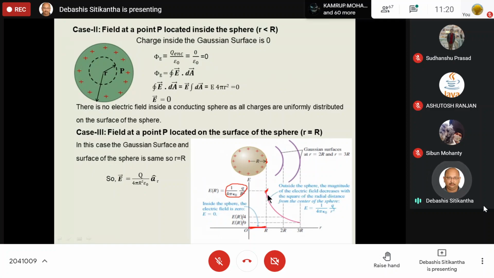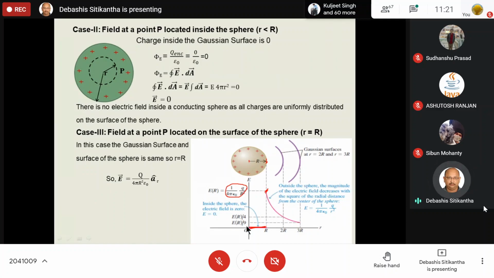As you keep on moving away from the center of the conducting sphere, the electric field is going to be drastically reduced, in a parabolic manner. So over here the graph looks like this.